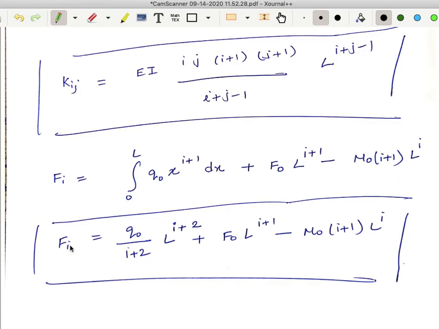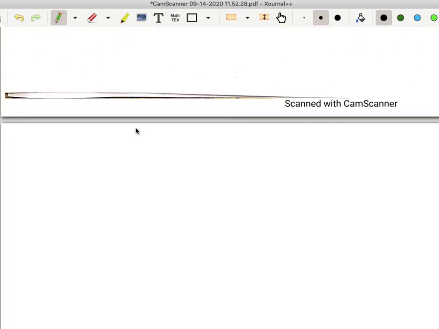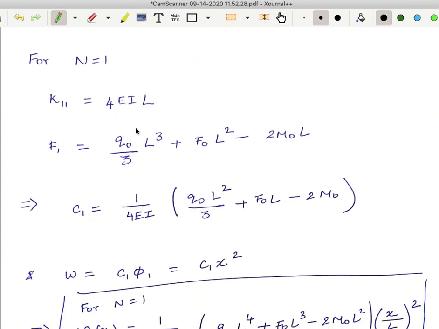So for capital N equals 1, what will be the values for i and j? i will be 1 and j will be 1. Once you put i equals 1 and j equals 1, you can see that k11 will be 4 times EI times L and f1 will be this expression. So what is c1? It is f1 by k11. When you have only one term, c1 is simply this.